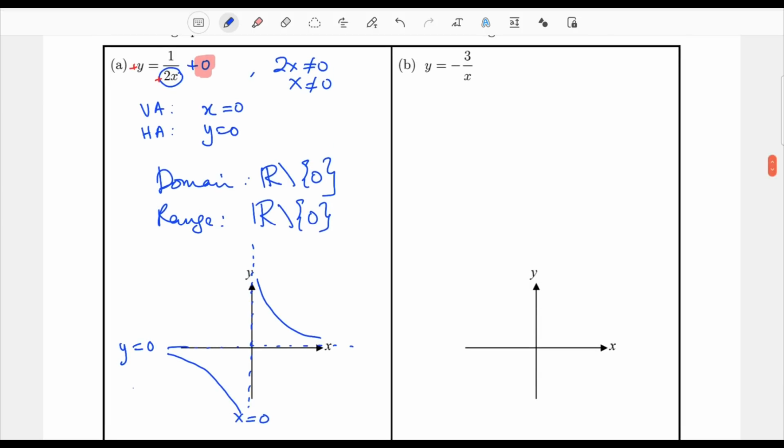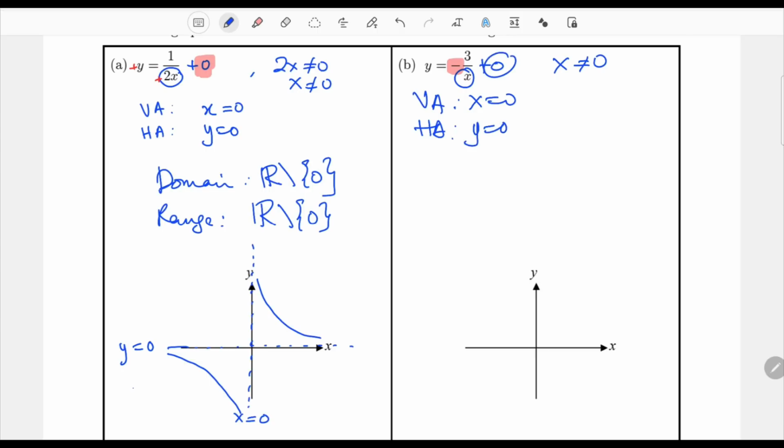Right, let's move on to B. So you can see here clearly you have the negative there. So again, behind here is plus 0. Okay, so we start off with the denominator. So x cannot be 0. Right, so vertical asymptote will be x equals 0 then. So horizontal asymptote comes from here.